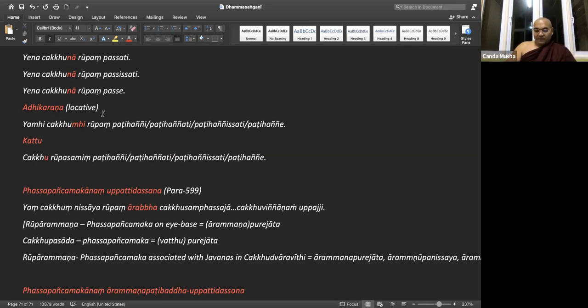The visible object strikes in the past eye sensitivity. Present: Padihanyadi nama, the present visible object strikes in the present eye sensitivity. And then Anagadi Padihanyasati nama: the future visible object will strike in the future eye sensitivity.